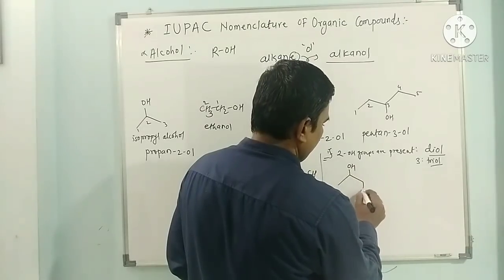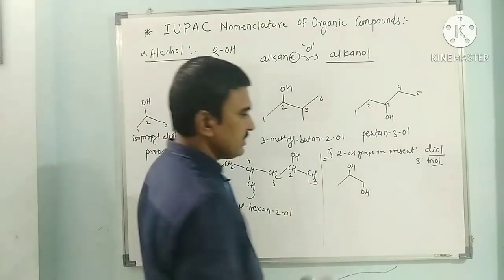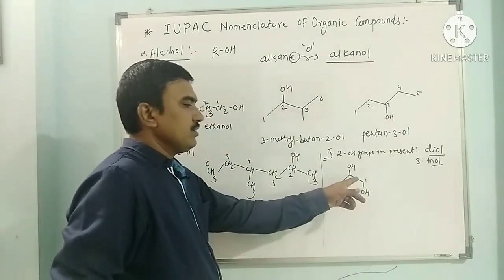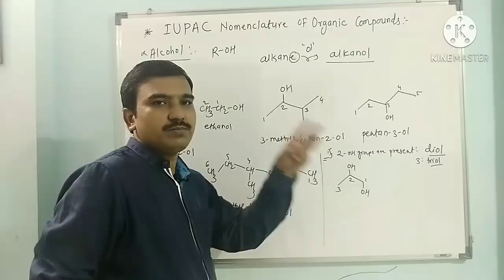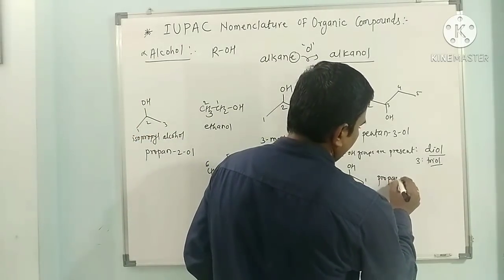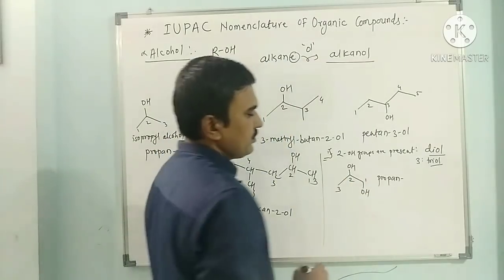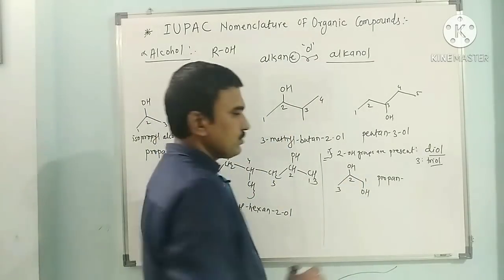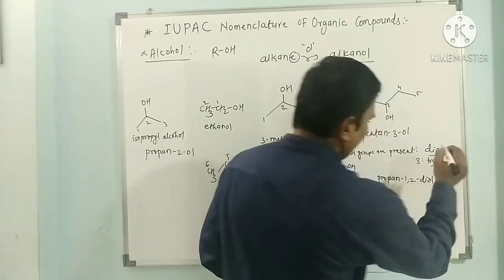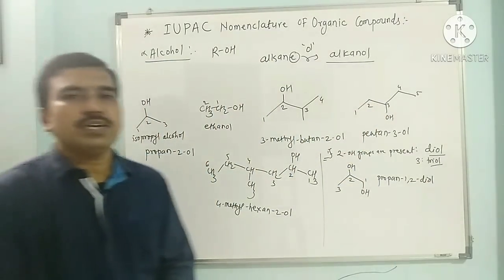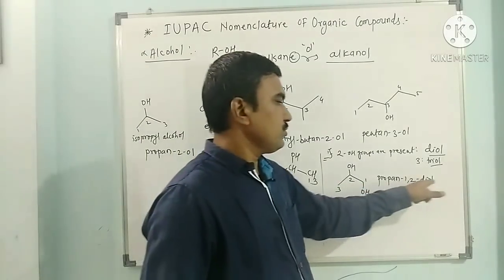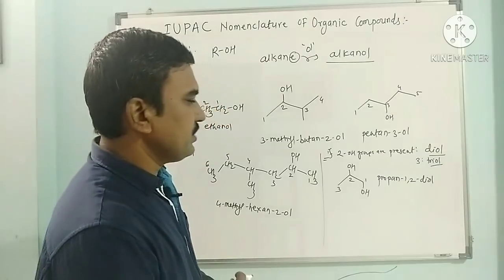OH, OH. How many carbons here? 3. 1, 2, 3. Because of the 3 carbons, it belongs to propane. Propane 1, 2. OH is attached to the first carbon, OH is attached to the second carbon. So 1,2 diol. Propane 1,2 diol or 1,2 propane diol. Propane 1,2 diol is the correct name of this.